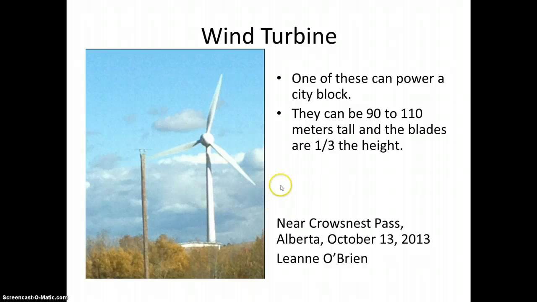And a wind turbine, if I was to describe it for my photojournal, I would put in there that one of these can power a city block, and they can be 90 to 110 meters tall, and the blades are 1/3 the height. So you could do some math here if you wanted. And then I've included also near that it was taken near Crow's Nest Pass, Alberta, on October 13th, 2013, and I took the photo.